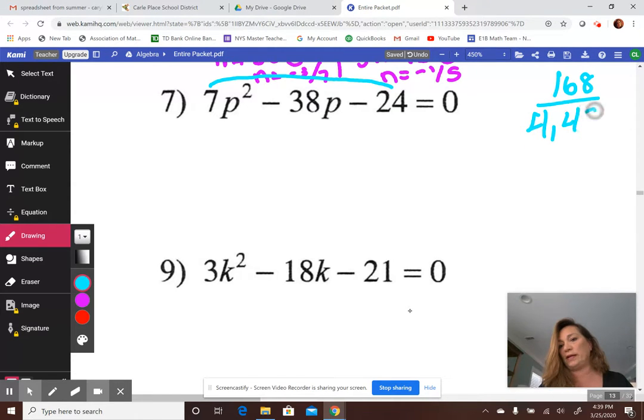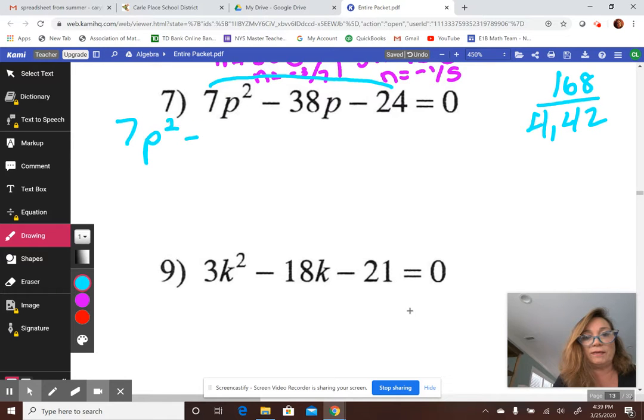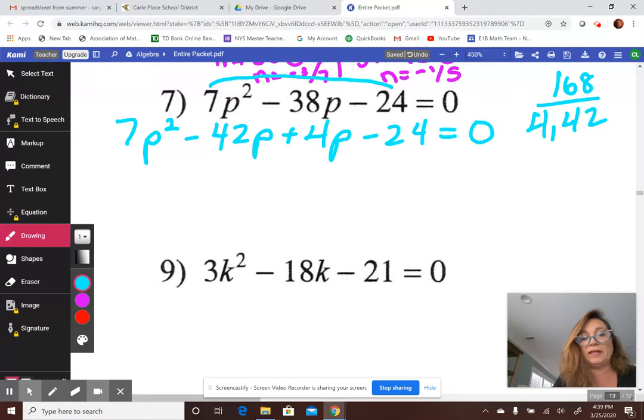Guess I need to put on my glasses. Okay, yep, 4 and 42. All right, so 7p squared minus 42p plus 4p minus 24 equals 0.